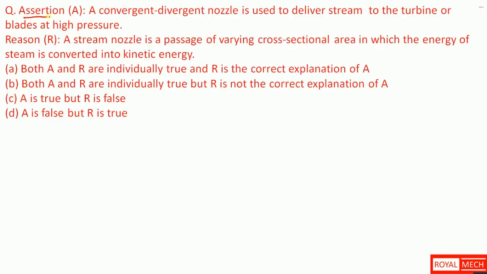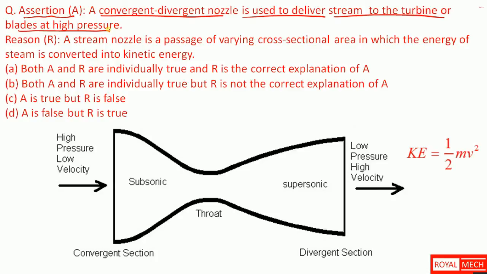Assertion: a convergent divergent nozzle is used to deliver steam to the turbine or blades at high pressure. So let's see what is convergent divergent nozzle. So this is the convergent divergent nozzle.